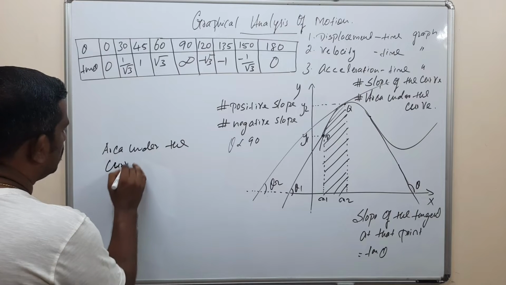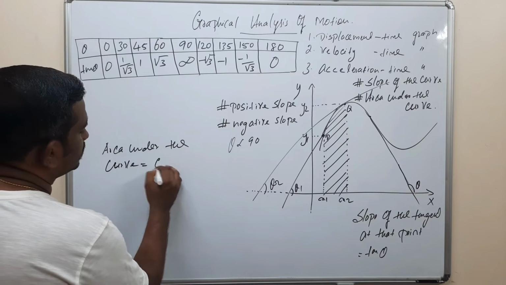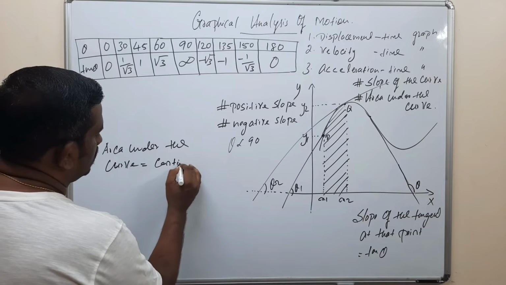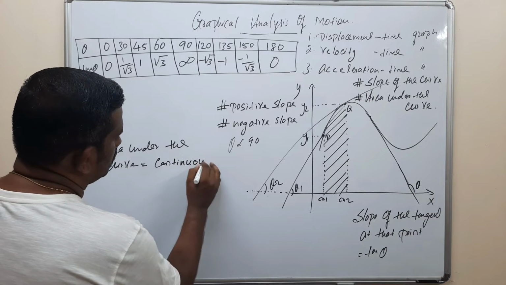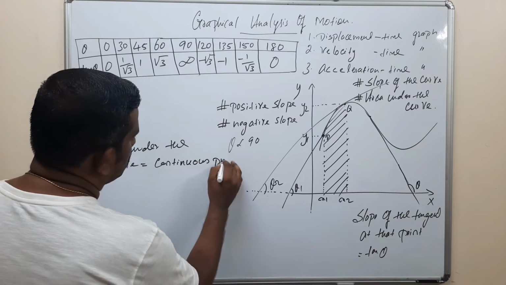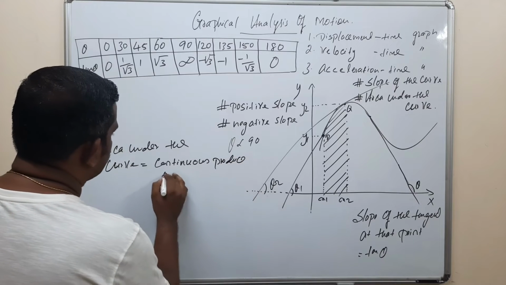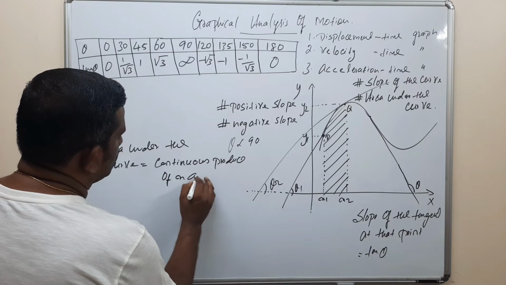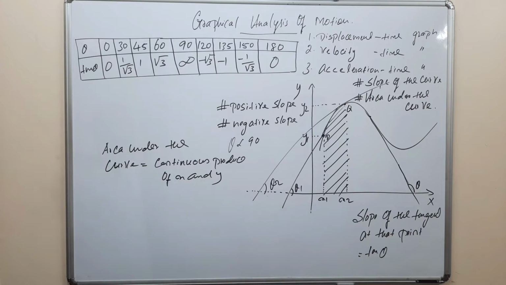Area under the curve is the continuous product of x and y.